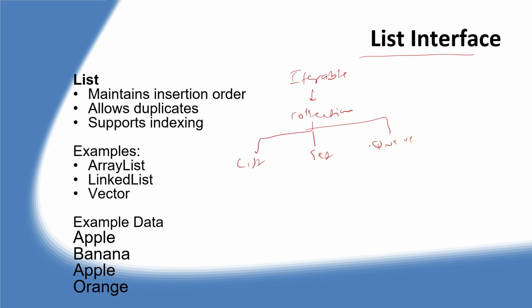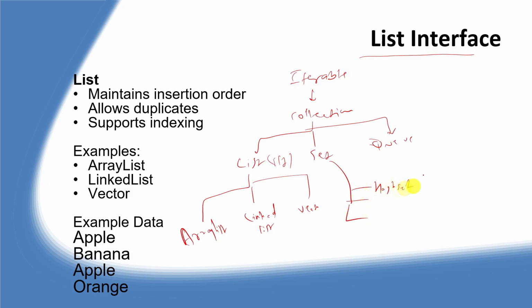Queue was not mentioned in the diagram, but Queue will also be there. And what were the implementation classes of List? ArrayList, LinkedList, Vector.